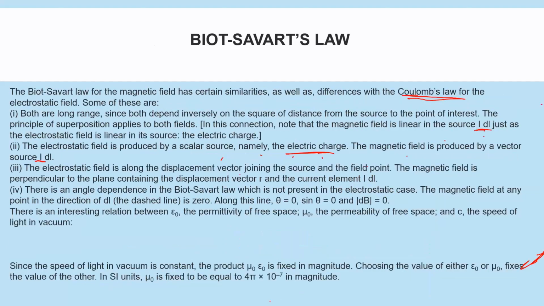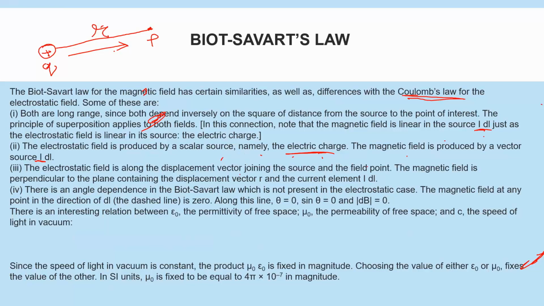Whereas in electrostatic field, if you remember, we were considering the q plus charge. If we are considering this as a point, the electric field was usually directed along this distance r, the displacement vector r.